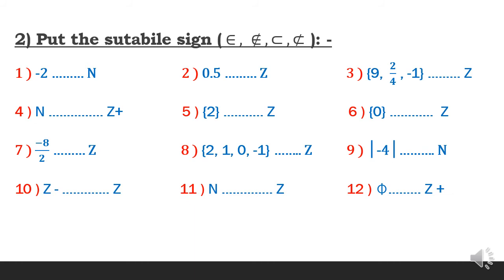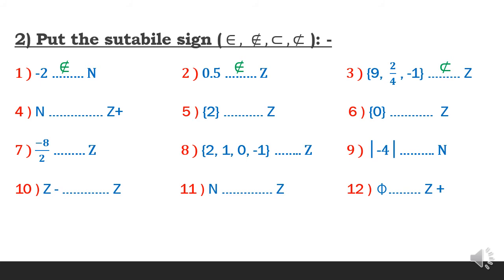Negative 2 is not a natural number, then not belong. 0.5 to Z. The set of integers has only whole numbers, without decimal point, without proper fractions, then not belong to Z. 9, 2 over 4, negative 1 to Z. First, we should make the division operation here, 2 over 4. If we simplify it, it equals half. Half is not a whole number, then not subset.